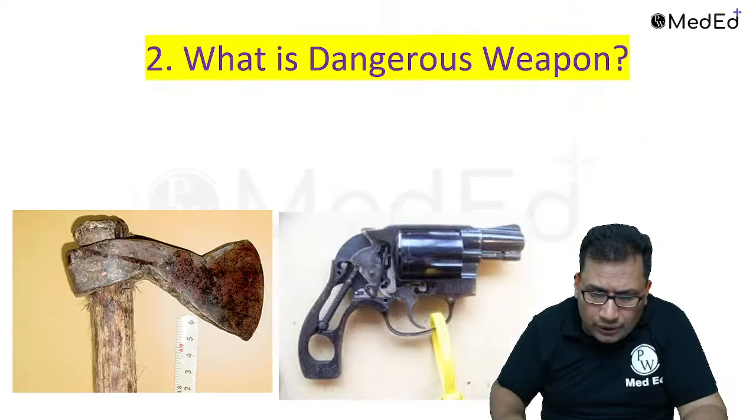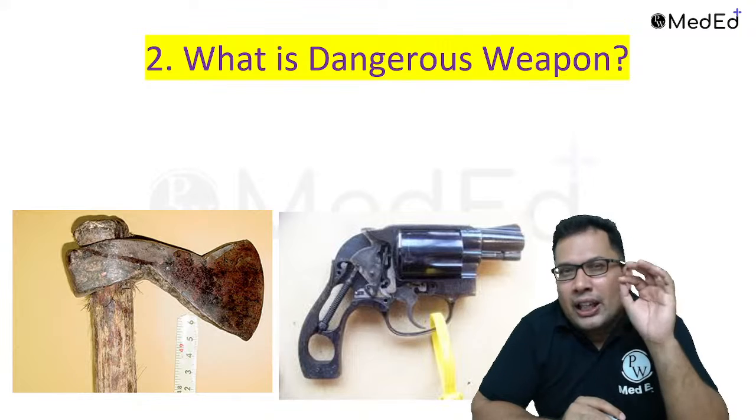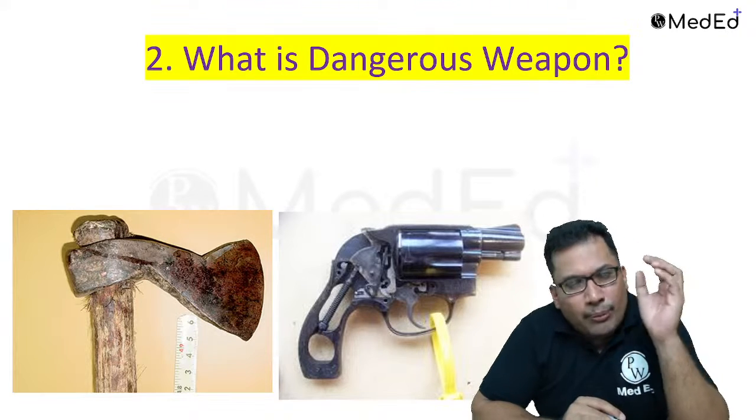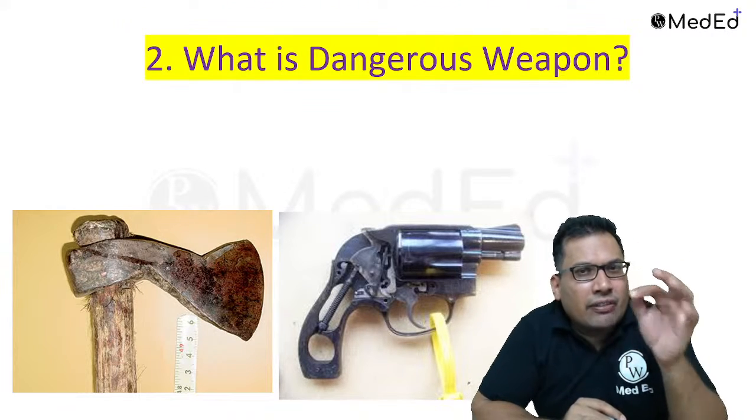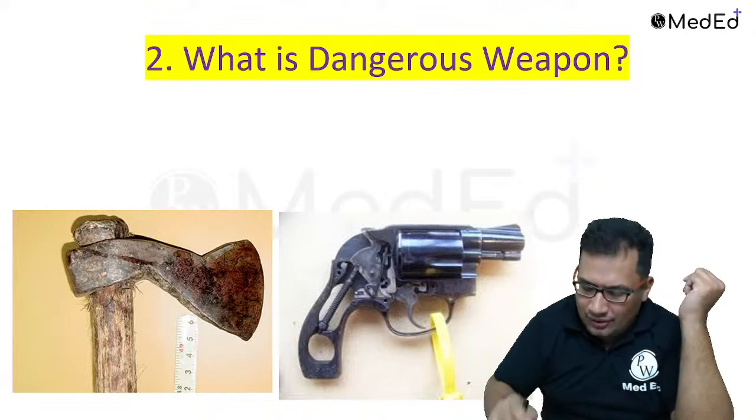Second important Viva question. What do you mean by dangerous weapon? Remember, any weapon can be dangerous, but usually dangerous weapon is the one which is used for cutting purpose, shooting purpose. Okay?